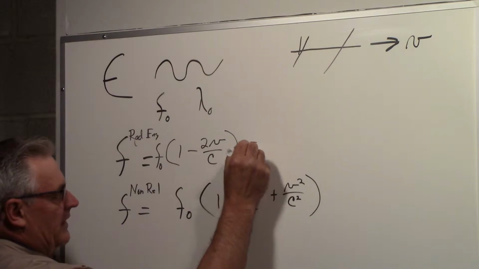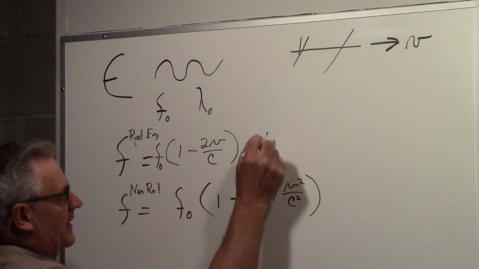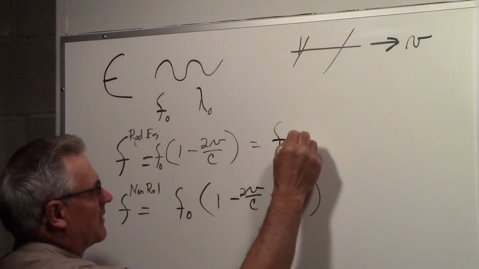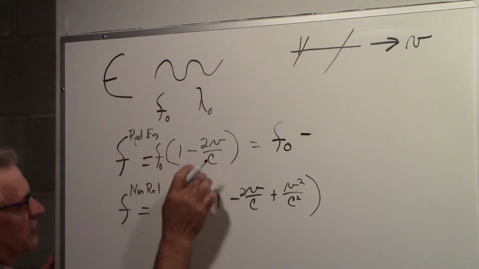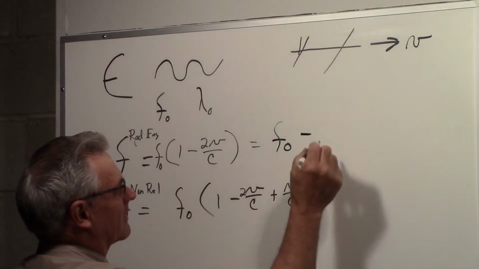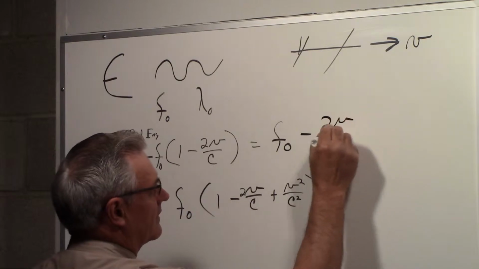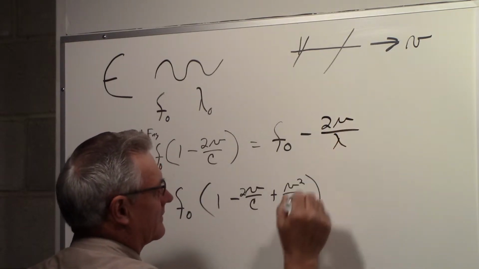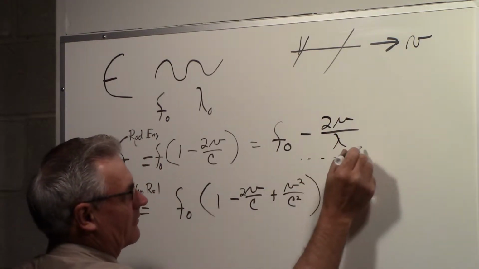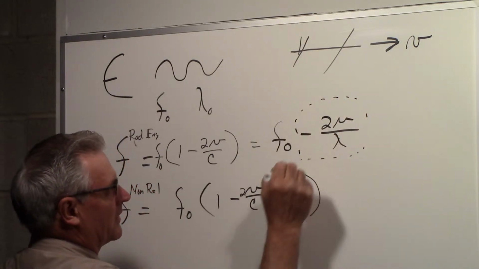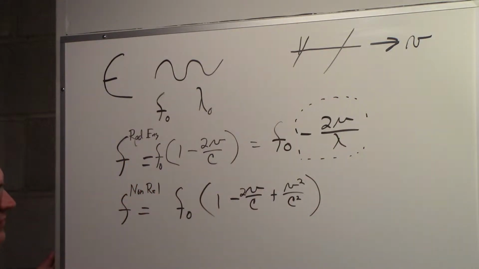If you want to write that in terms of wavelength, multiply through by f0, and f0 over c gives you 1 over lambda, so this is equal to minus 2v over lambda. This is the frequently quoted Doppler shift used by radars, minus 2v over lambda.